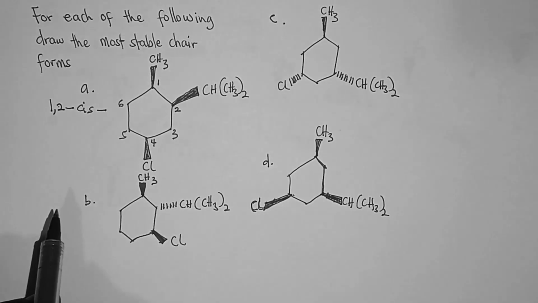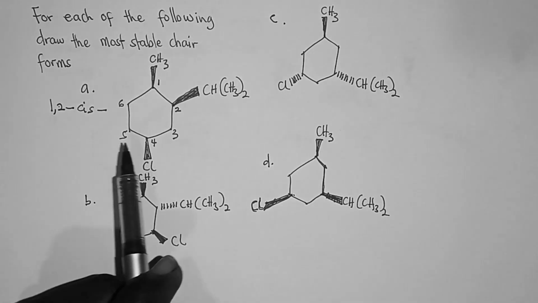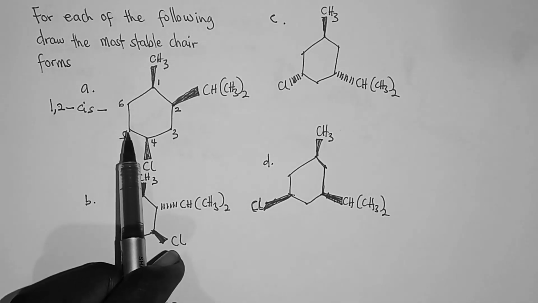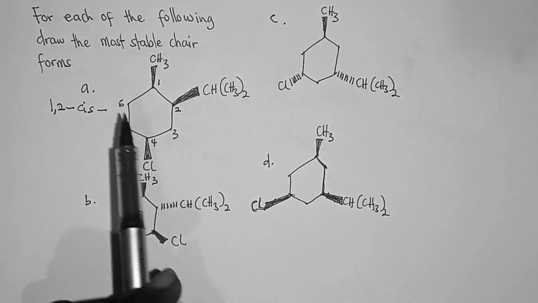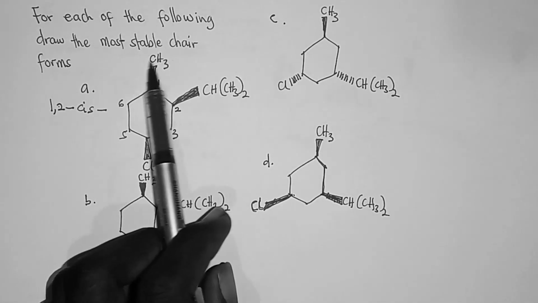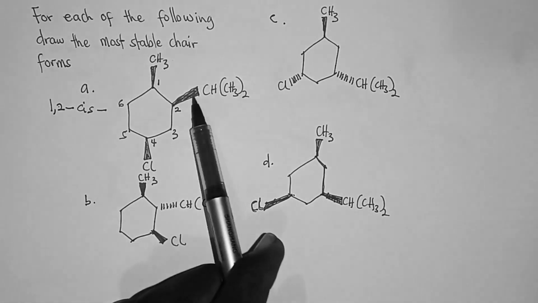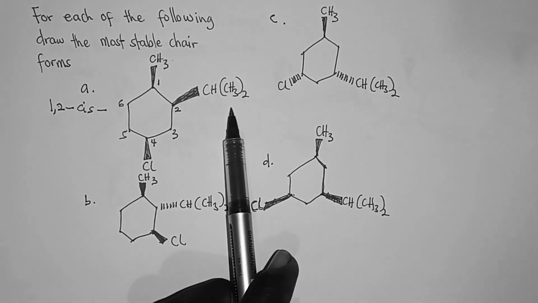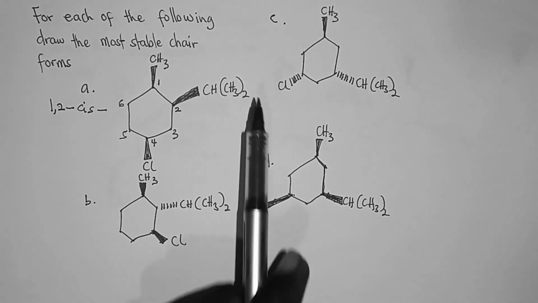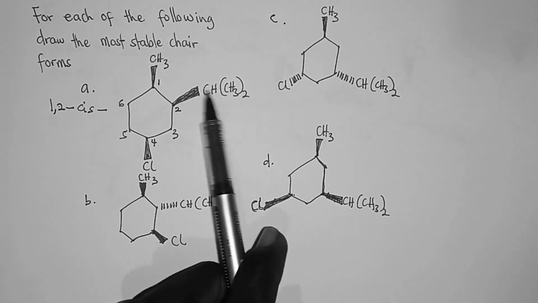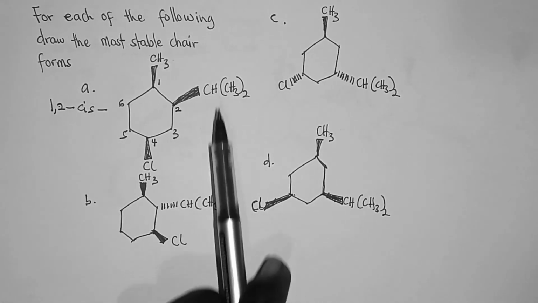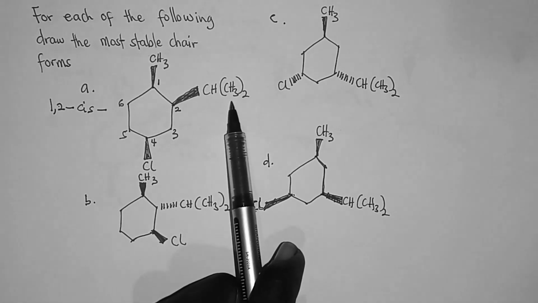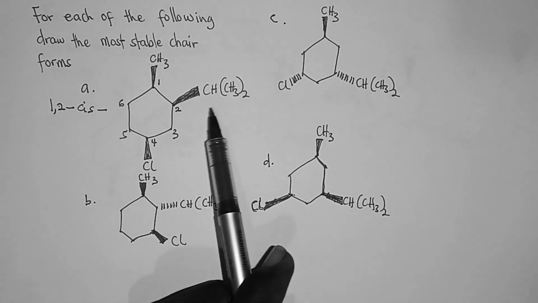And then since they are cis, it is either an AE or an EA relationship. It's either we put the methyl group on an axial position and then the isopropyl group on an equatorial position, or vice versa. But because the isopropyl group is bulkier than the methyl group, the isopropyl group will be on the equatorial position, which is the most favorable position for stability.